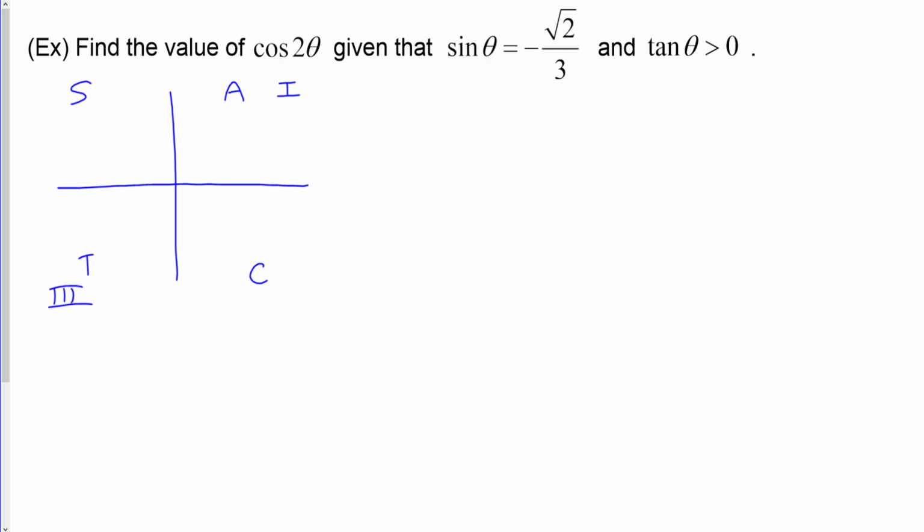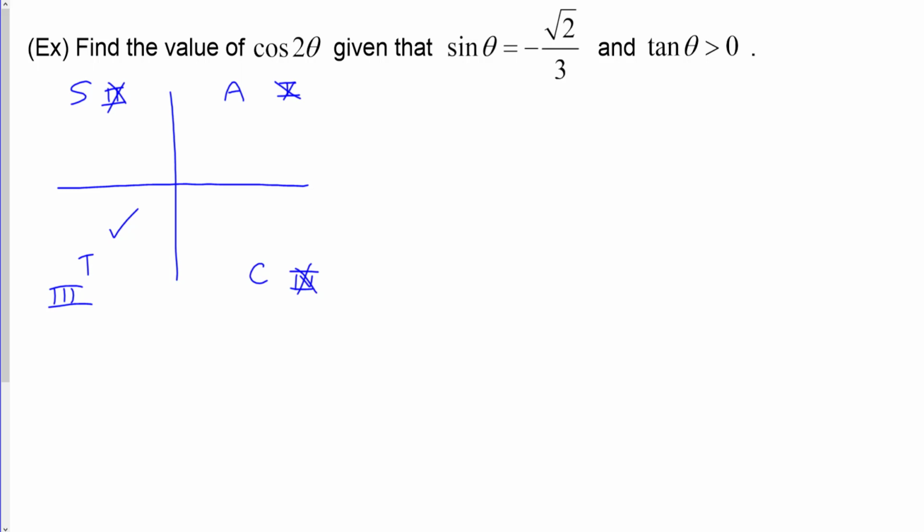Tangent is negative in 2 and 4, so we've ruled those out. But we also know the sine of this angle measure is negative. So that means we're going to be in quadrant 3. Generally you're given some clues as to where things are.